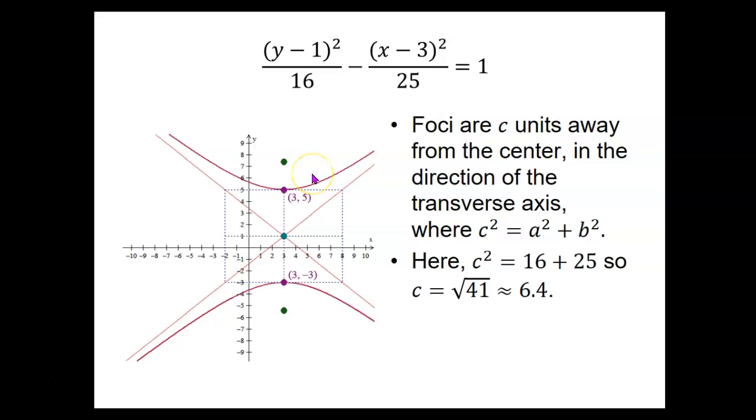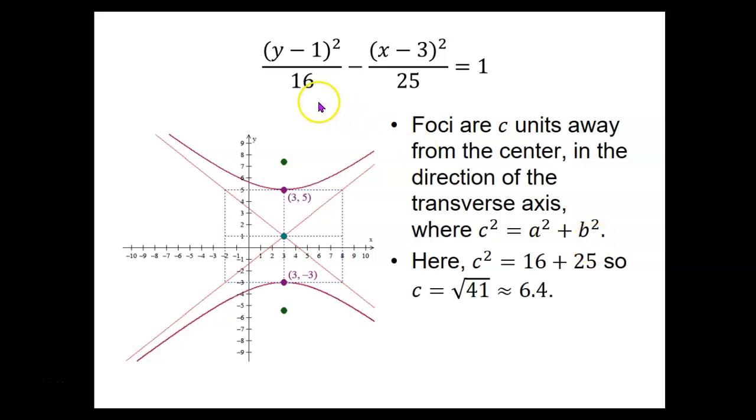The foci of a hyperbola are out past the vertices on the inside of the curves. They are c units away from the center point in the direction of the transverse axis, where c squared is equal to a squared plus b squared.